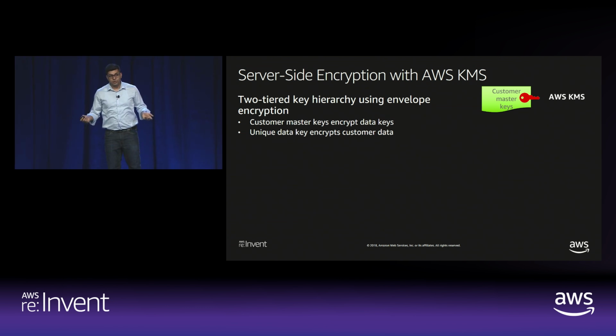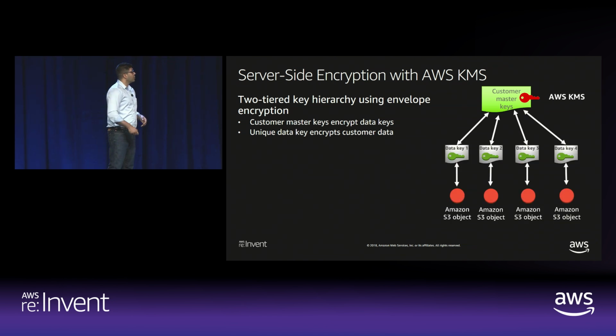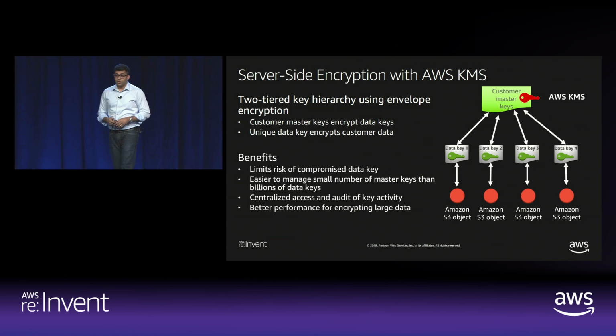If I don't have the permissions to call the decrypt API, then I won't get the object, because it's going to be encrypted. So I'm getting garbage, basically. That's where it gives you more granular control on the data that you have. So the benefits are that you have more granular management, a centralized access that is auditable with AWS CloudTrail, and better performance for encrypting larger data.